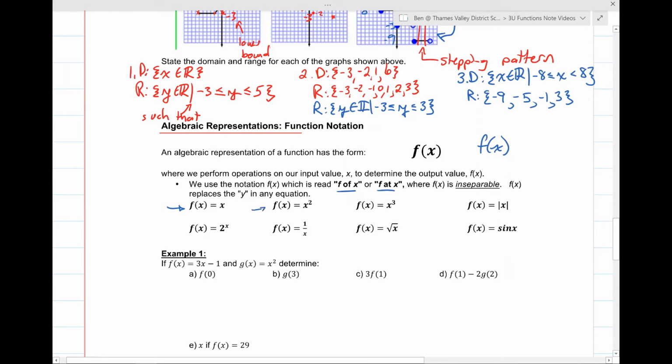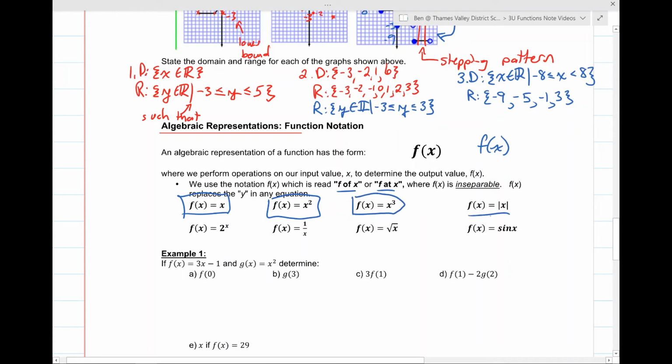So you'll see our quadratic function here. Instead of what we're used to seeing, y equals x squared, now we write f at x equals x squared. These are the base functions that we work with throughout this year. This is most of them. We have here a linear function, which you've seen before. You've seen a quadratic function before, and I suspect you've seen some cubic functions before.